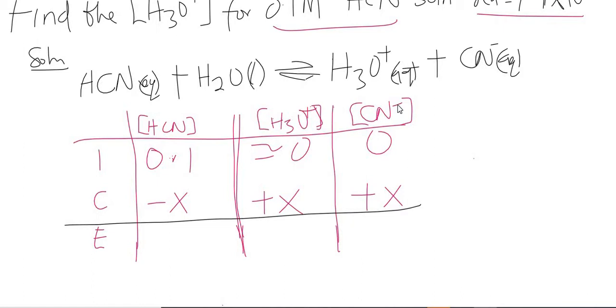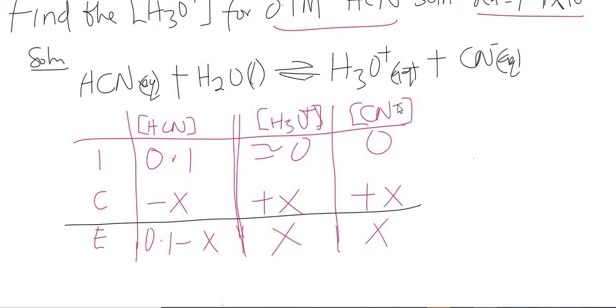So we can find the equilibrium concentration of the reactant, which is going to be 0.1 minus x. And this is 0 plus x gives us x. And this gives us x.